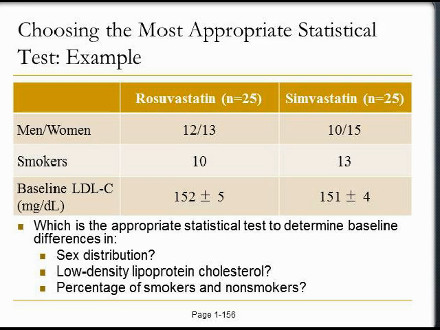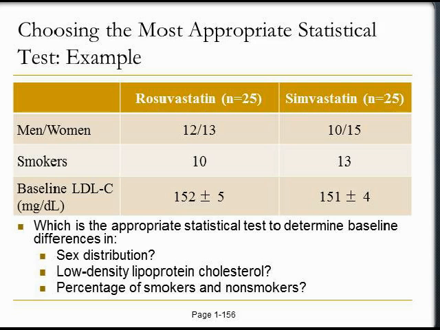But basically, here's a piece of the baseline characteristics from that particular study. It shows the number of men and women in the rosuvastatin and the simvastatin group, the number of smokers in each group. Obviously, with smokers there'll be some corresponding number of non-smokers, 10 and 15 here, and 13 and 12 here.